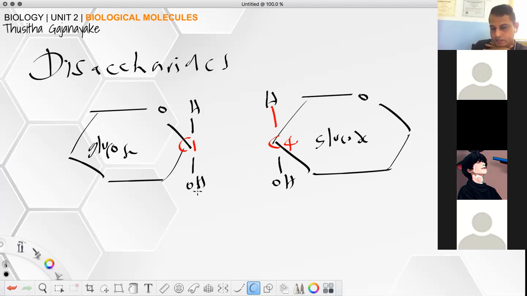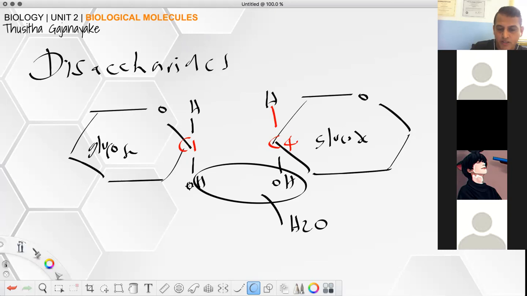Okay, then one OH can react with this OH group, and then it can form a water molecule. I will do it like this: OH and H, and then it makes one water molecule.